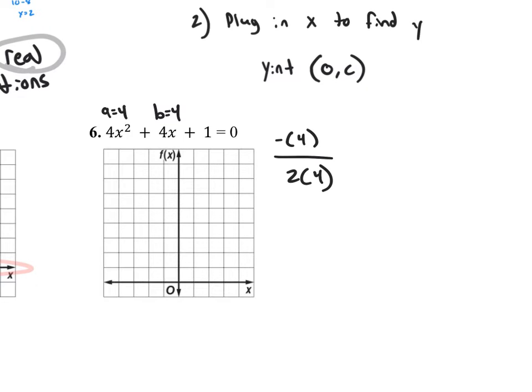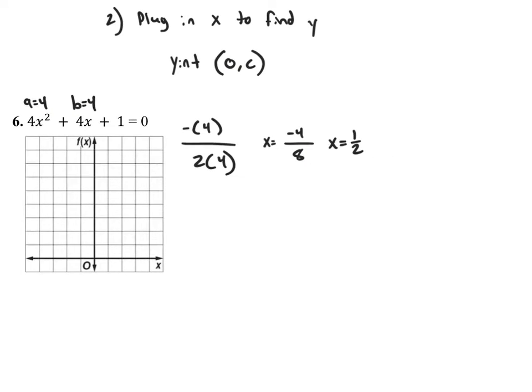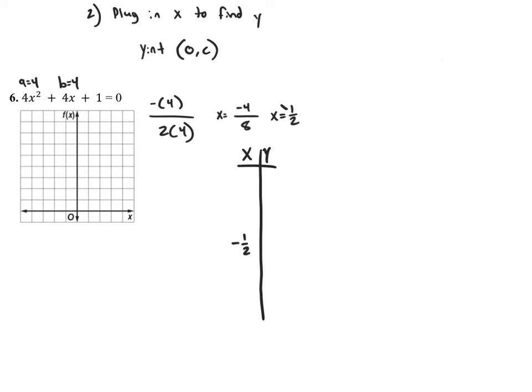When we substitute this one in, we'll get the x-coordinate for our vertex is negative 4 over 8, so it gives us negative 1/2. Alright, now, that's fine. You might start freaking out because you don't like fractions, but we're going to follow the same old procedures. So we have a negative 1/2. I'm going to put it right in the middle of my table because it's my vertex.